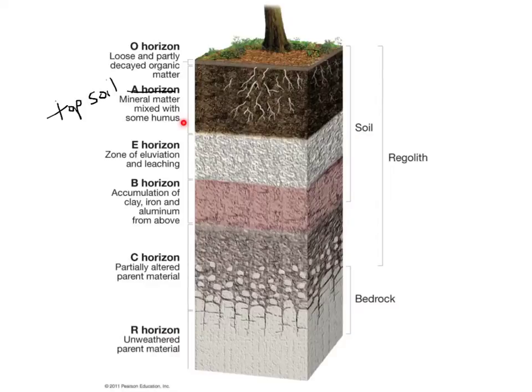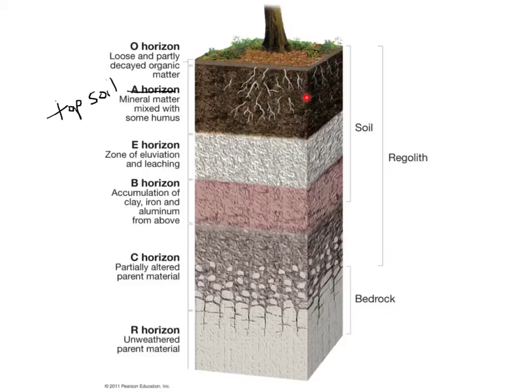And the reason it's so thin in tropical rainforests is decomposition happens so quickly. So this O horizon gets decomposed really quickly, and there's so much plant growth that the plants are going to be using up a lot of the materials, a lot of the minerals in that A horizon really quickly. And so they just don't stick around very long.